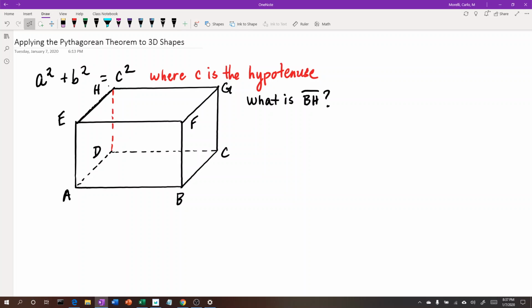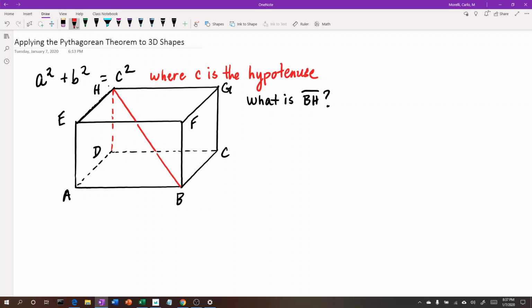BH is this diagonal that goes from B to H. That diagonal right there. That's the distance I want to know. So how would you find that distance? Well, you have to kind of come about it in a circumspect way.